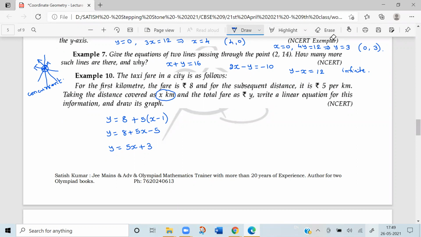When x equal to 1, y equal to 8. So here this equation corresponds to what? x must be greater than or equal to 1.